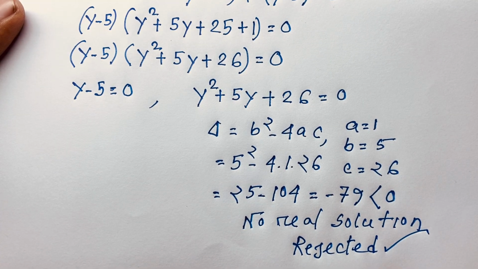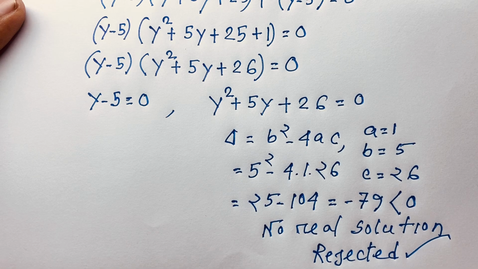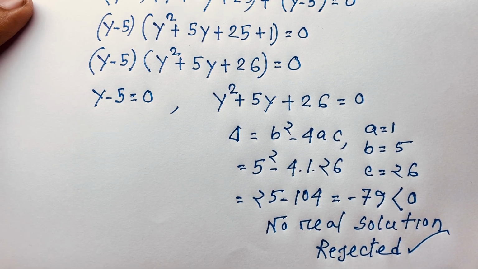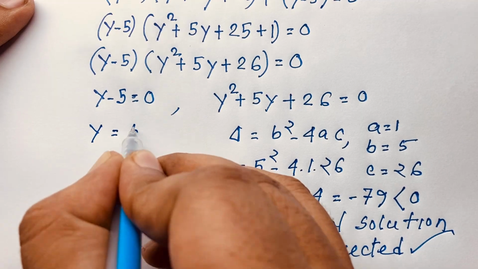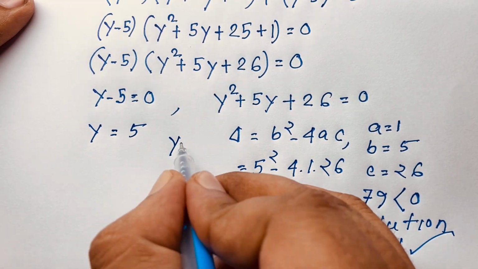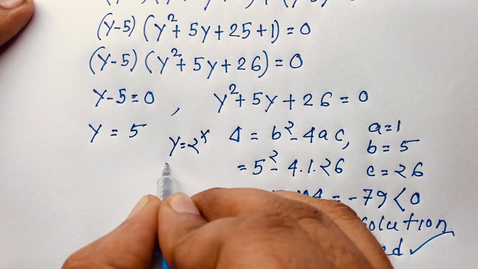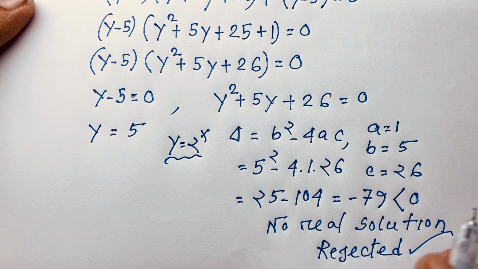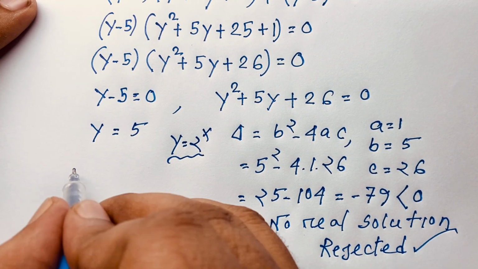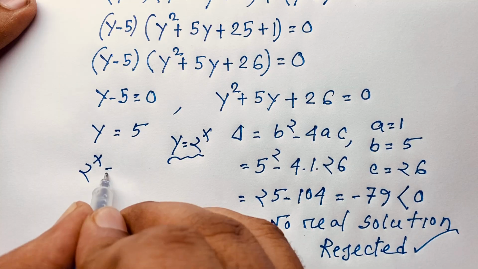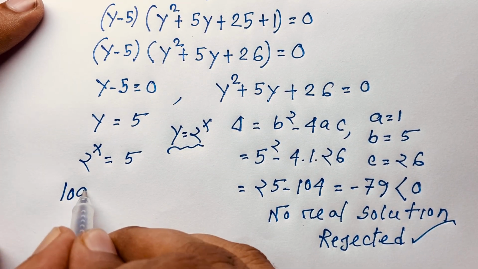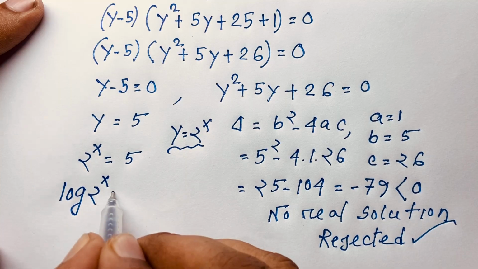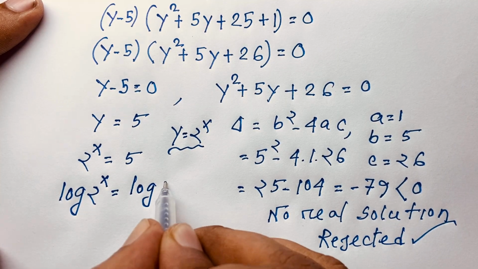Okay, now y minus 5 is equal to 0. So at this moment, y is equal to 5, but recall y is 2 to the power x. So 2 to the power x is equal to 5. Then if I take natural log on both sides, log 2 to the power x is equal to log 5.